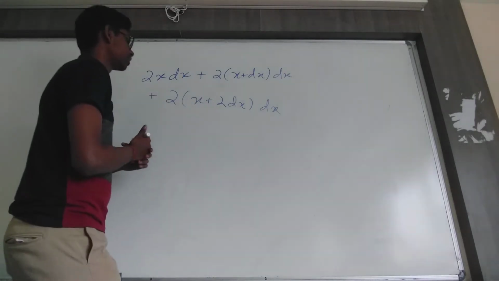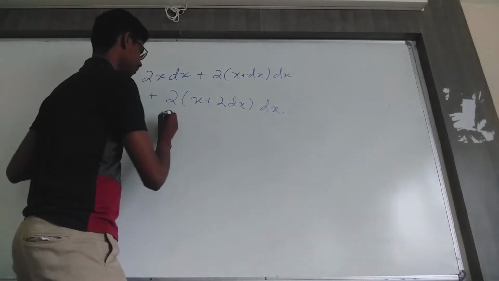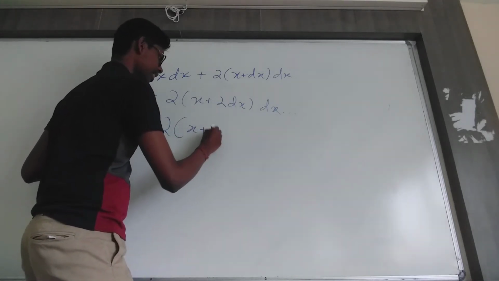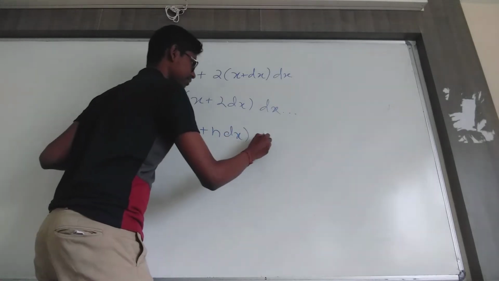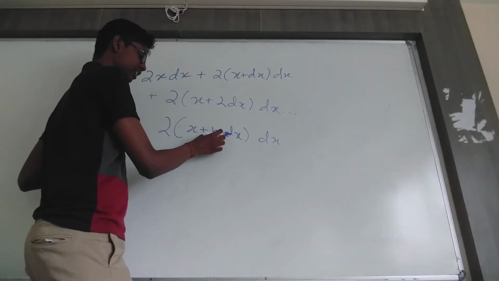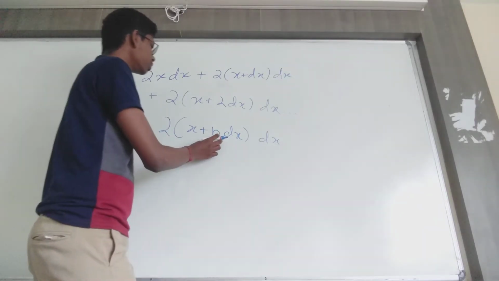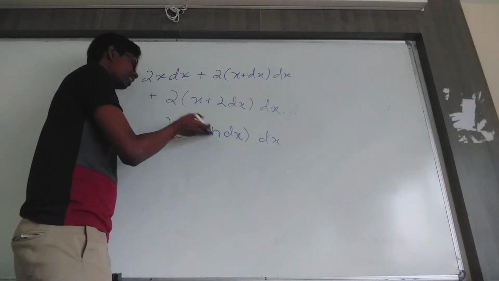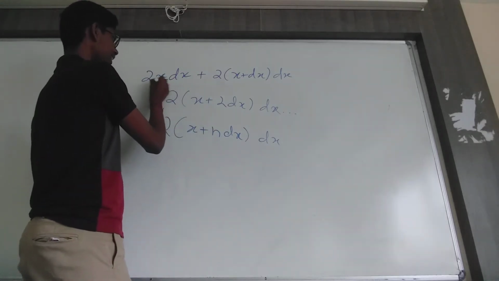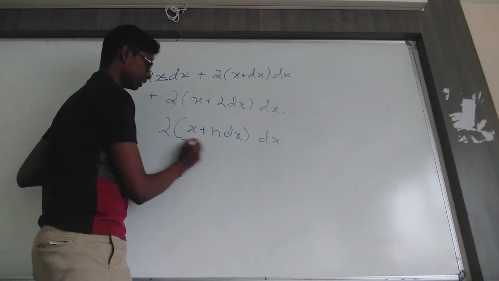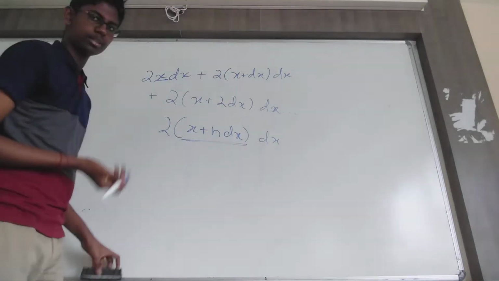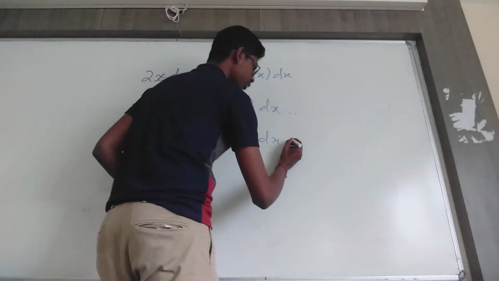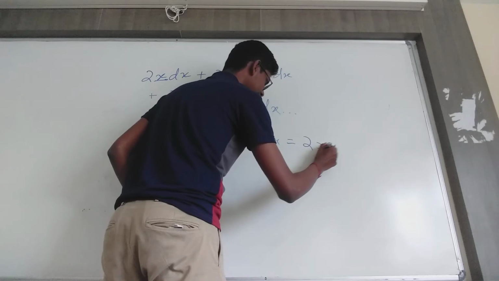This pattern continues till x plus n dx times dx, where n is 1 by dx, because we have to go from x to x plus 1. So that's how far we have to go, and this sum should be equal to 2x plus 1 if we are right.